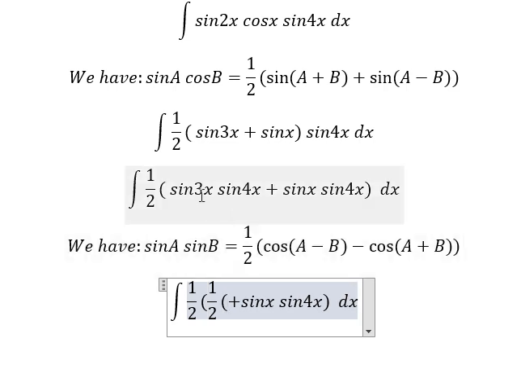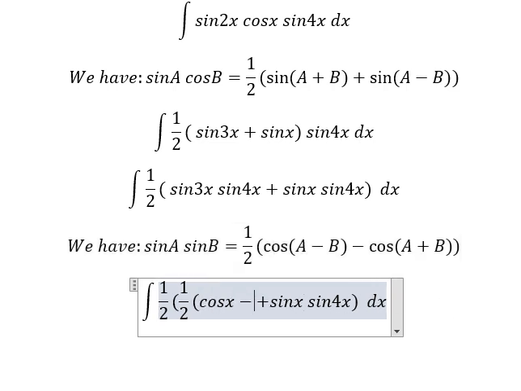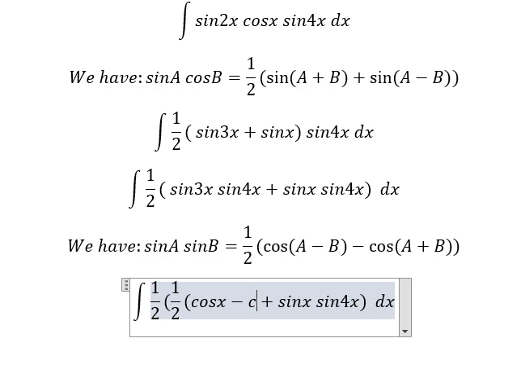So 3x minus 4x, we have cosine negative x, so we have cosine x. This one we have cosine 7x.